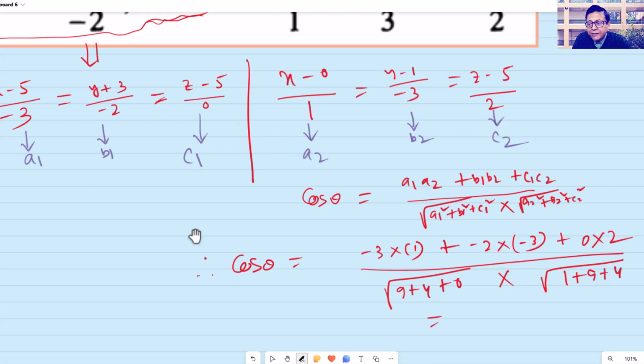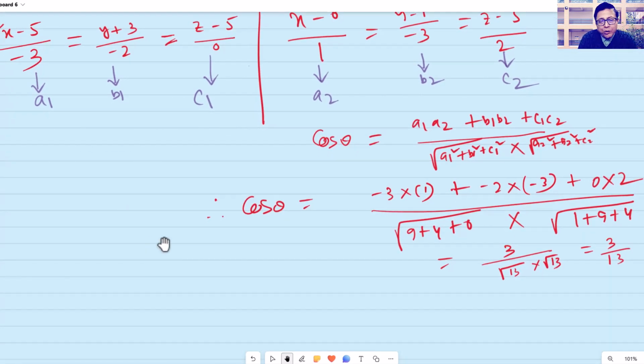So minus 3 plus 6, 3 by, this will give us 3 by 13. If calculator is not allowed, you will write theta, the angle between the two lines, in the form cos inverse 3 by 13.